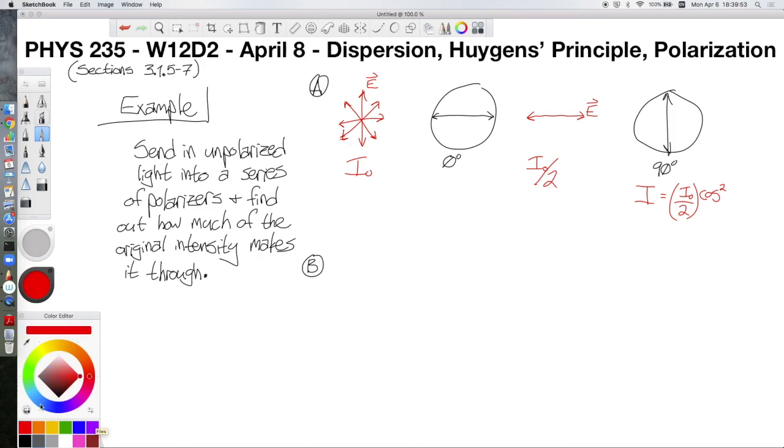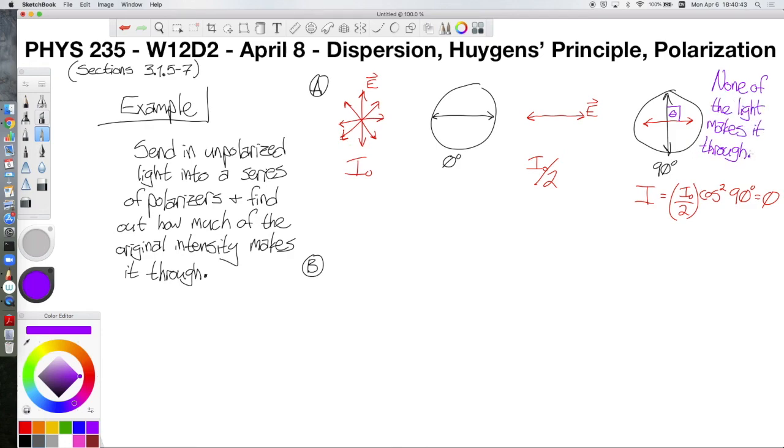Well, the light coming in has its electric field oriented like this. So we need to find this angle here between the polarizer axis, which is vertical, and the polarization of the light, which is horizontal. And this is a right angle. So we need the cosine squared of 90 degrees. Cosine of 90 is 0, so cosine squared of 90 is also 0. So we end up with an intensity of 0. None of this light makes it through.